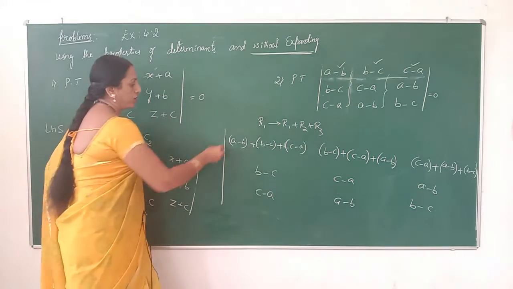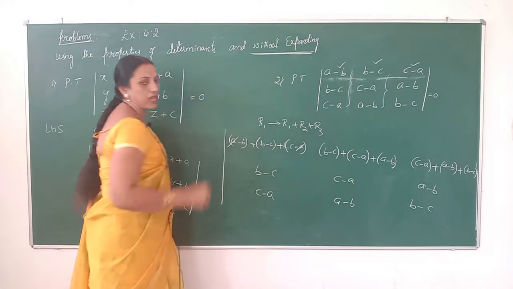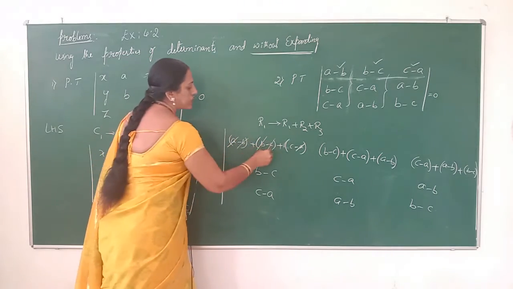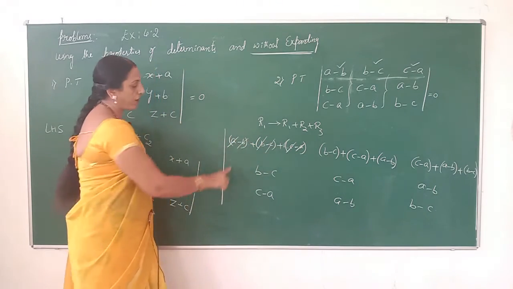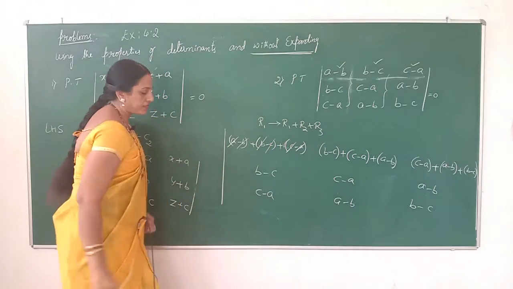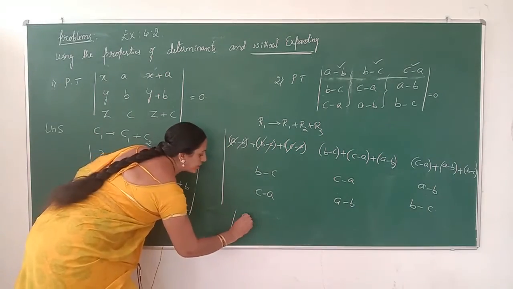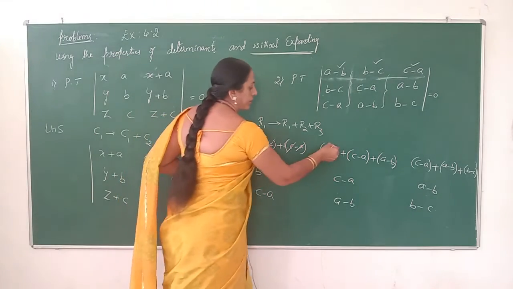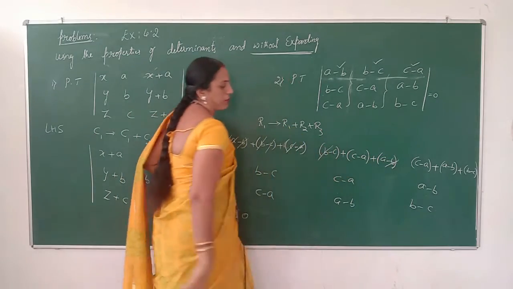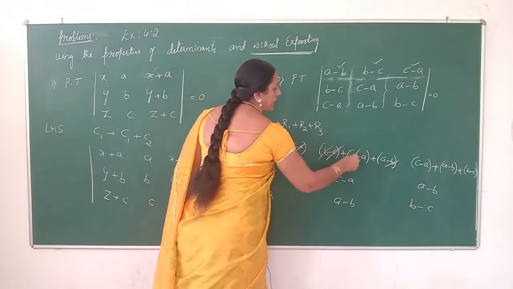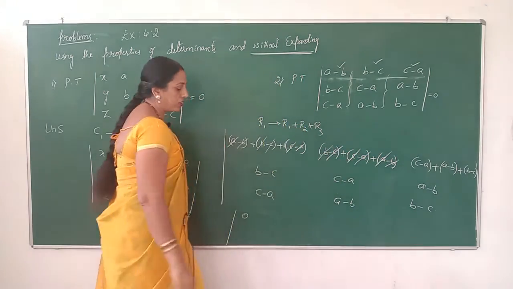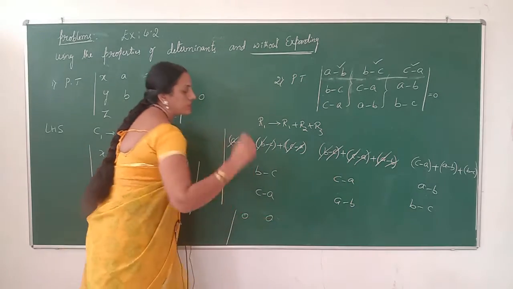In the first row, A minus A minus B plus B minus C plus C. So if all these elements get cancelled, therefore the elements of the first row are nothing but 0. Similarly, the second element B minus B minus C plus C minus A plus C. Again all those elements get cancelled, giving 0.